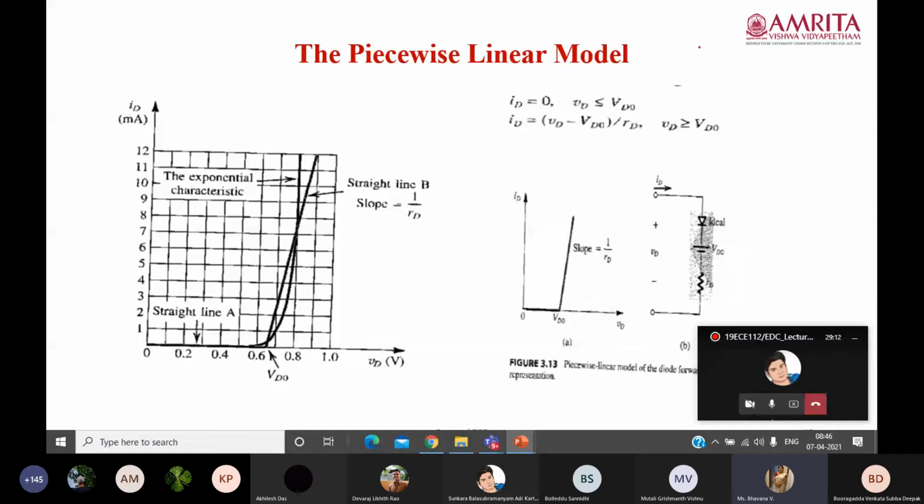Piecewise linear model finds the linear relationship to describe the diode terminal characteristics.